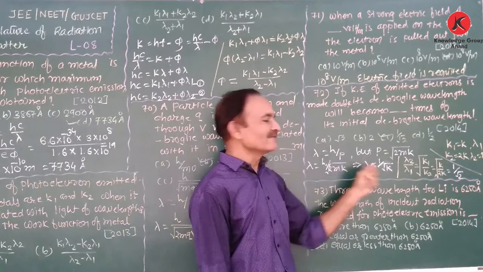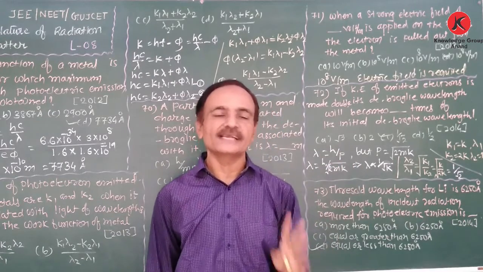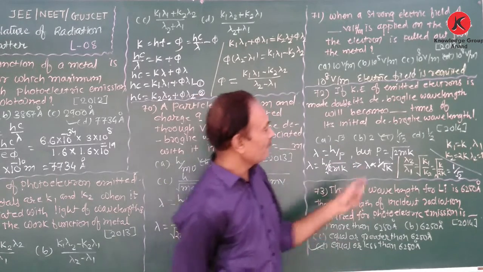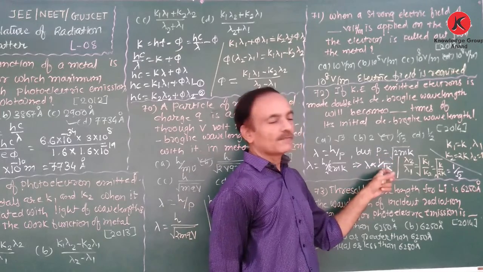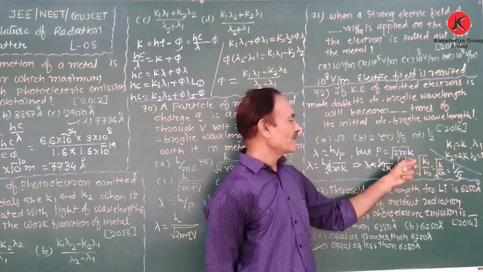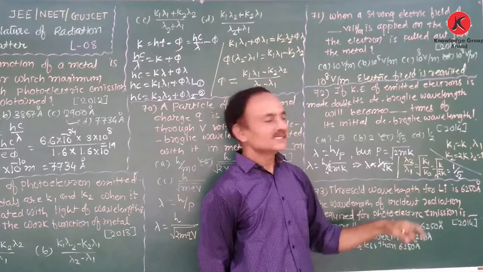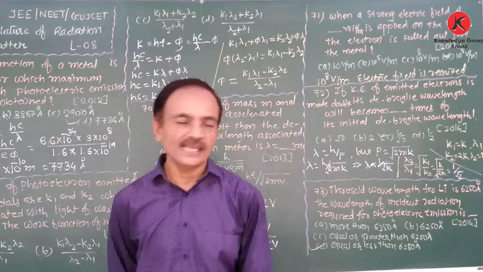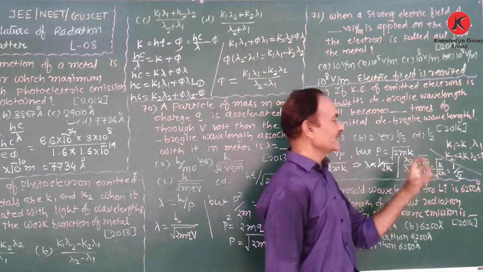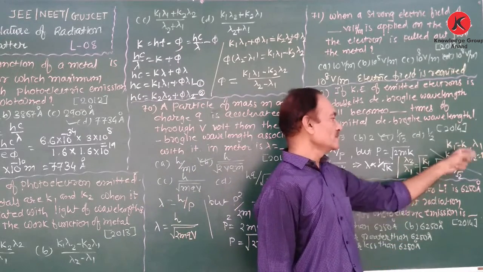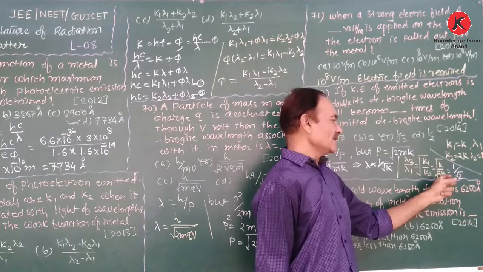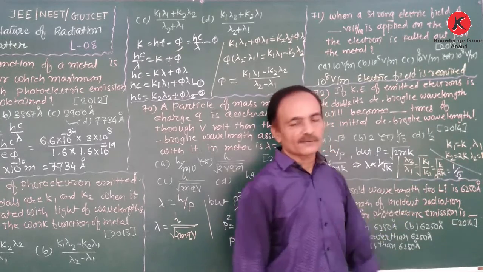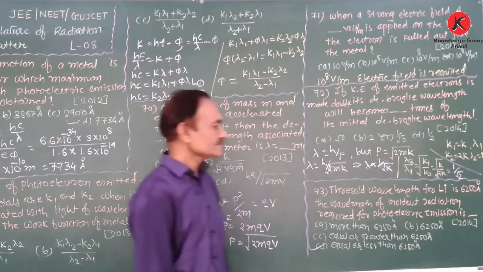Therefore lambda is proportional to 1 upon under root of K. Therefore lambda 2 upon lambda 1 is the ratio of under root of the initial kinetic energy K1 to the final kinetic energy K2. Substitute the values. Initial is K, final is 2K, K cancels, giving 1 upon root 2.